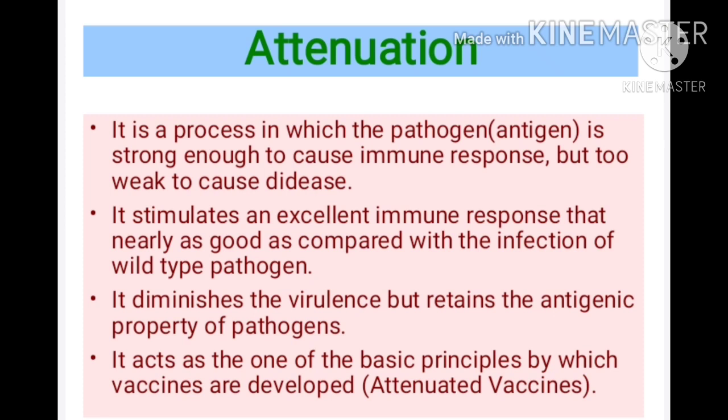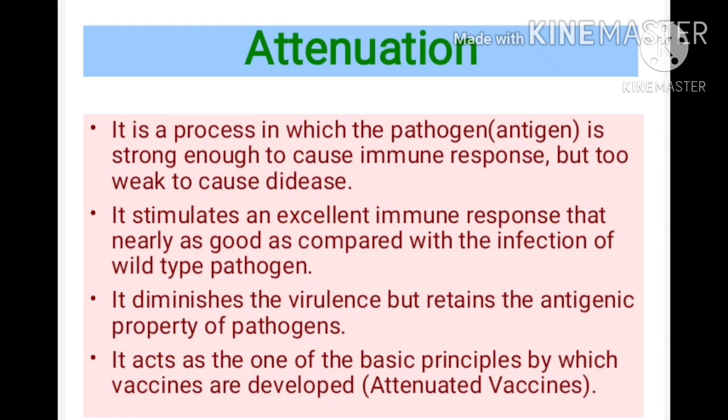Attenuation is a process in which a pathogen or antigen is strong enough to cause immune response but too weak to cause disease. As a result of the attenuation process, a particular pathogen or antigen has the capacity to cause immune response, but it is too weak to generate a disease.